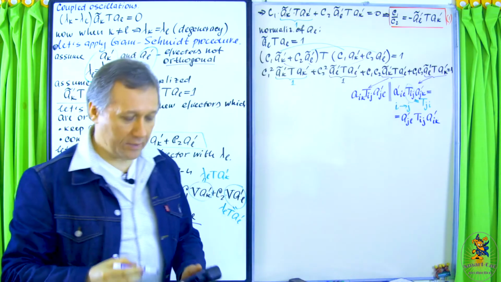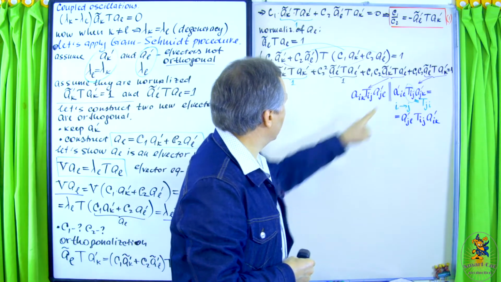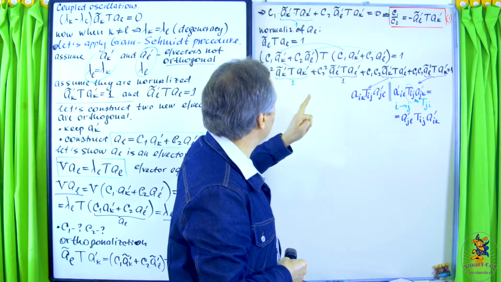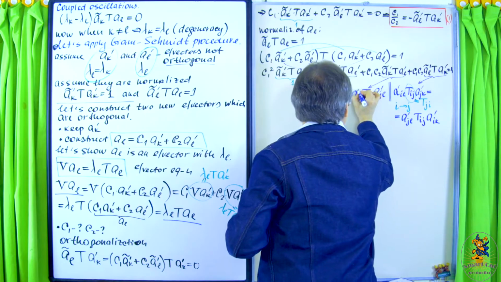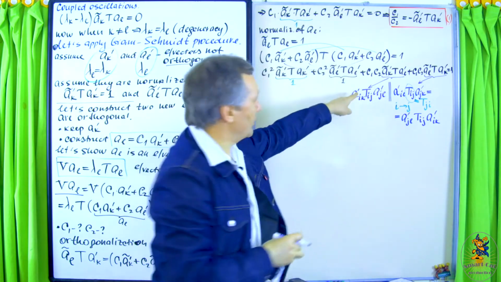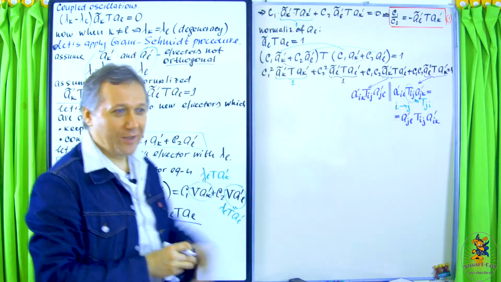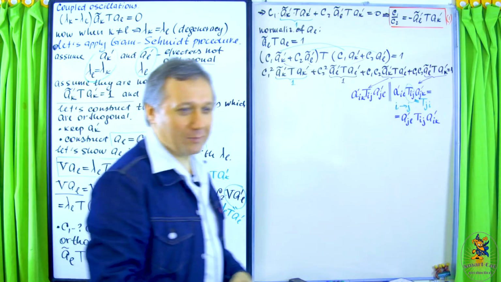Now let's look at this carefully. Hold it, too many primes. Oh no, it's correct. Here the prime is missing because now I started comparing these two terms, and there must be a prime over there, right?